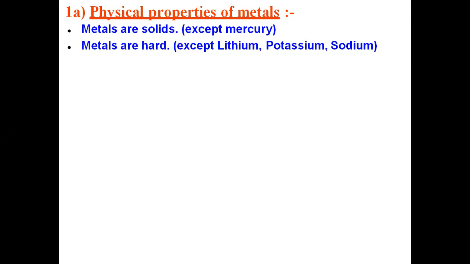So if we consider lithium with the atomic number 3, the outermost electron is 1. Since there is only 1 electron available for the bonding, the metallic bond formed in case of lithium, sodium, and potassium is not so strong.